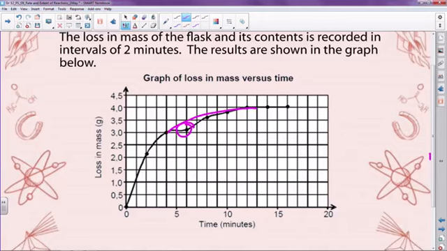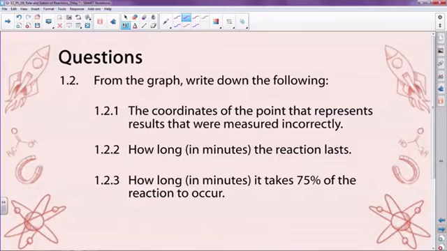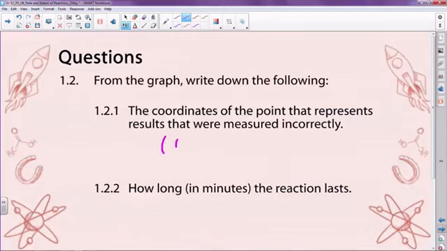So that means that is the point that I need. So we look at it and we go, well, it's over here, so that's 6 minutes. And it's hard to see because of the screen, but it's actually 3.1. In a test or exam, it would be easier to see that. So the coordinates of this are 6 minutes, 3.1 grams.